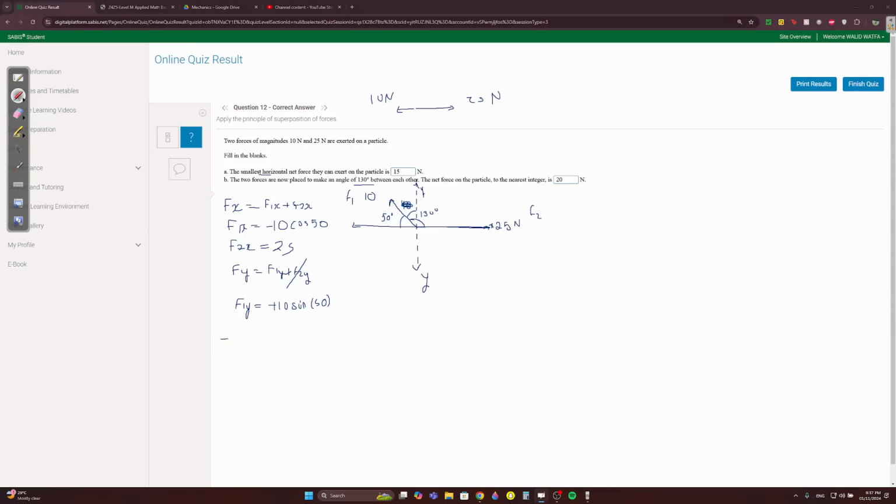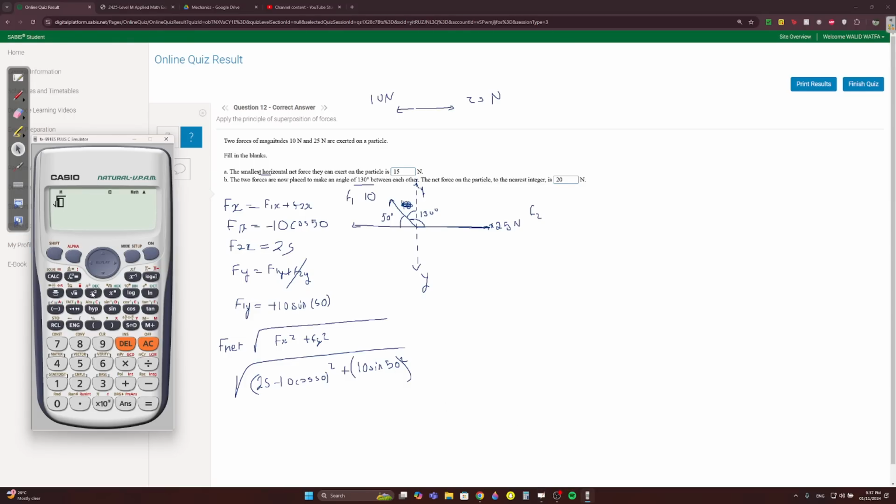Now let's find our Fnet. Fnet is going to be radical Fx squared plus Fy squared. So radical, Fx is 25 minus 10 cosine 50, squared, plus 10 sine 50 squared, under the brackets. Let's put this in fast.